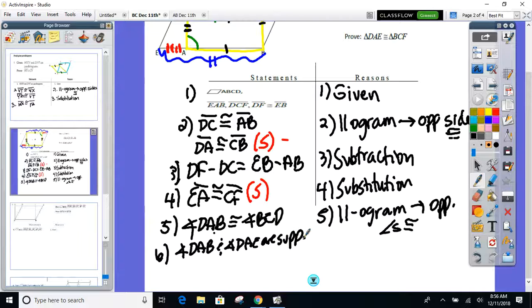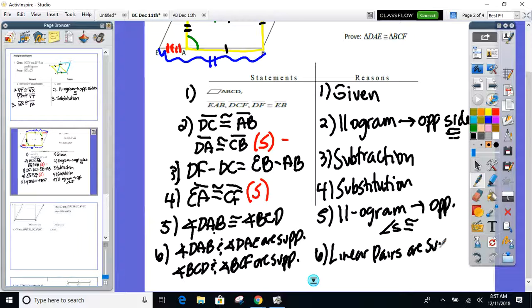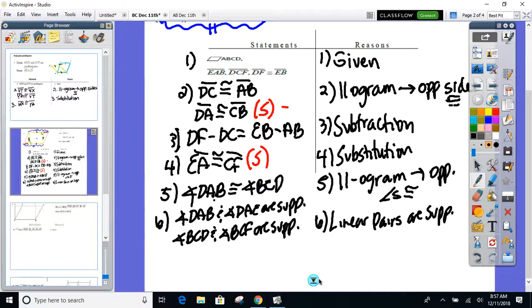And the same thing for the other pair, which is BCD and angle BCF. Anybody remember the reason? Linear pairs are supplementary. And now you can say those two angles inside the triangle are congruent.